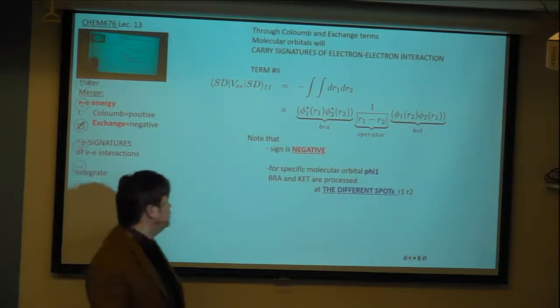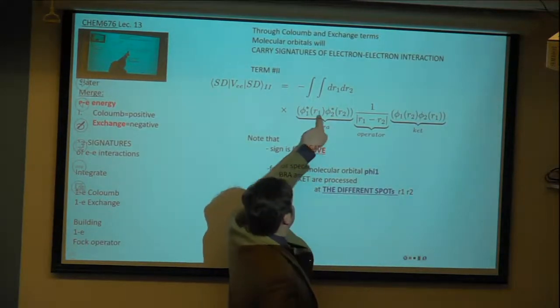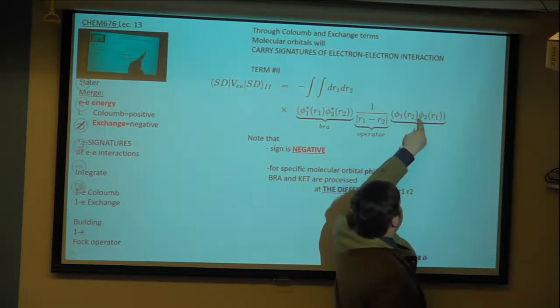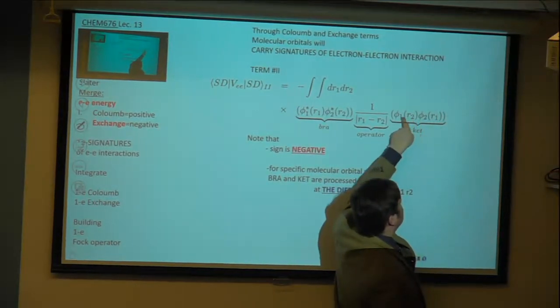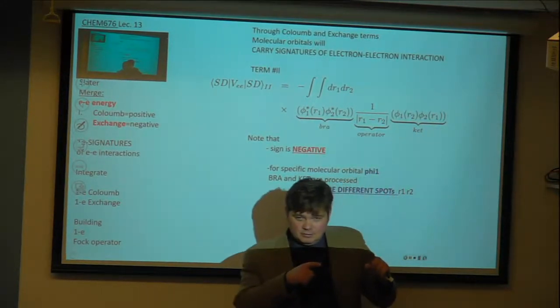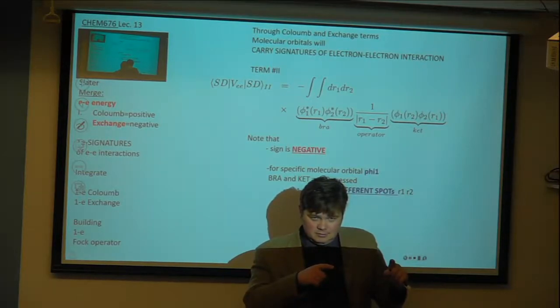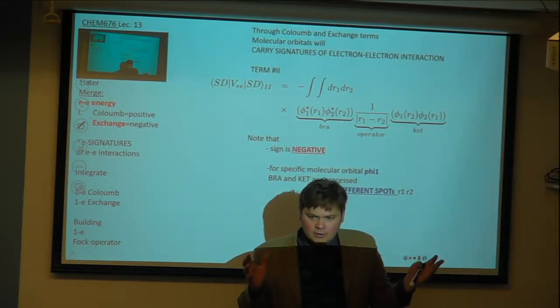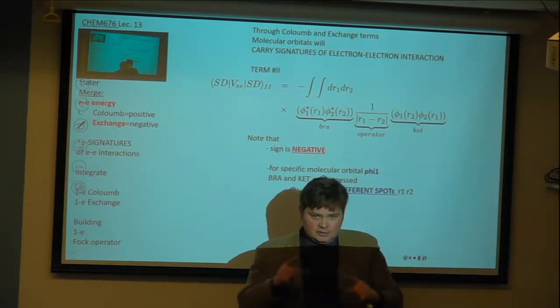Now, if you take cross terms: position 1 orbital 1, position 2 orbital 2, and here position 1 orbital 2, position 2 orbital 1, they are swapped. Because of the antisymmetric nature of multi-electron wave functions, this swapping occurs.